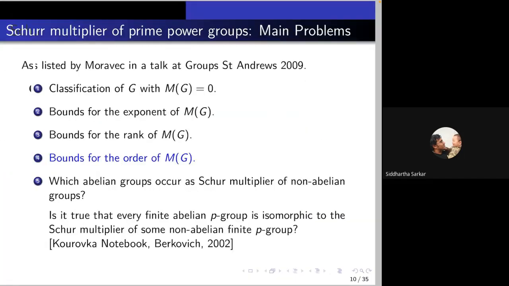So bounds for the rank of M(G), how do you know it is bounded? Is there some evidence? Yes, I shall be giving evidence that the rank of the Schur multiplier is bounded in terms of the rank of the group. Okay, so there is some constraint on the group, something like log of the order. Yes, that's the most naive thing I can think of. Okay, thanks.